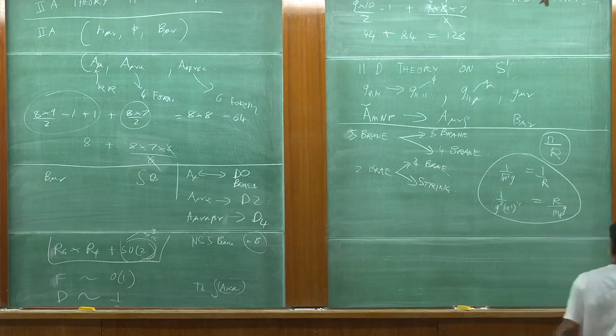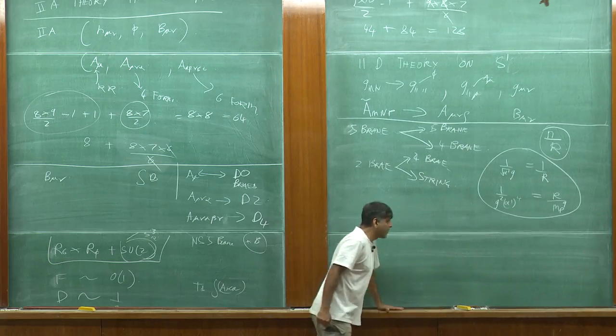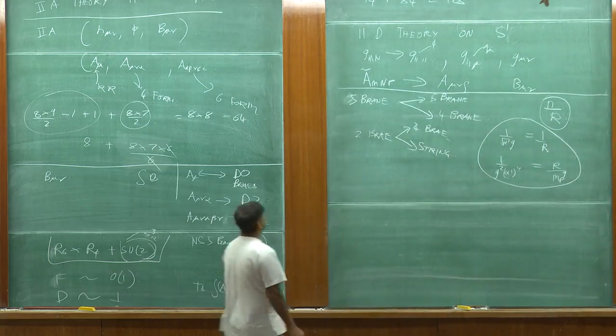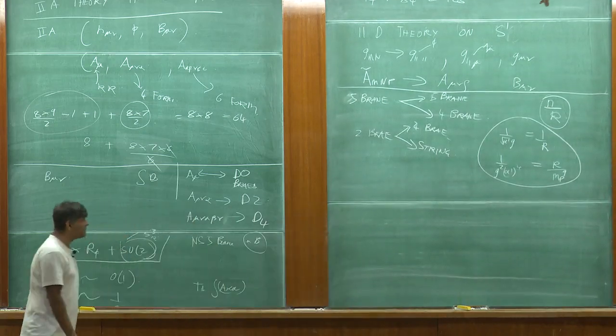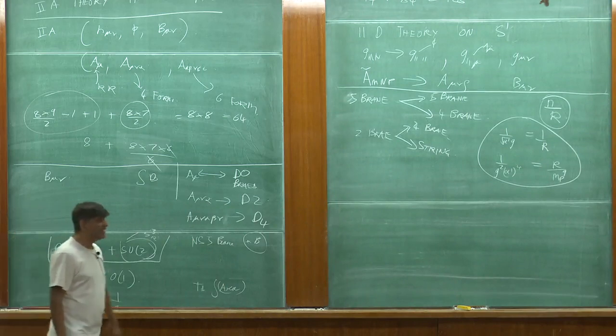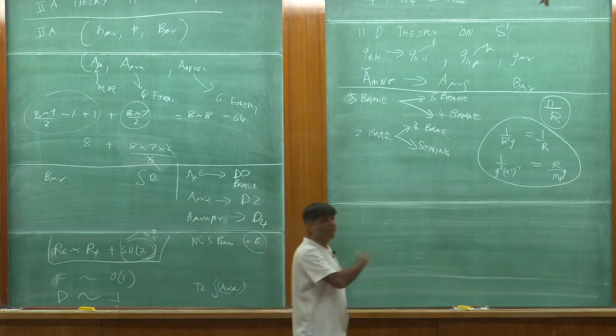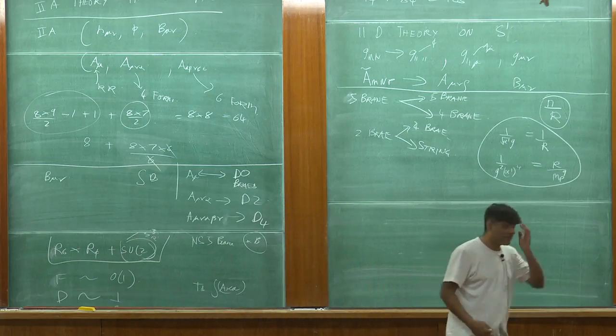Okay. One last sanity check about this picture, and then we move to the paper. The sanity check goes as follows. If I've got everything right, then the tensions of D-branes should also match across the two sides.